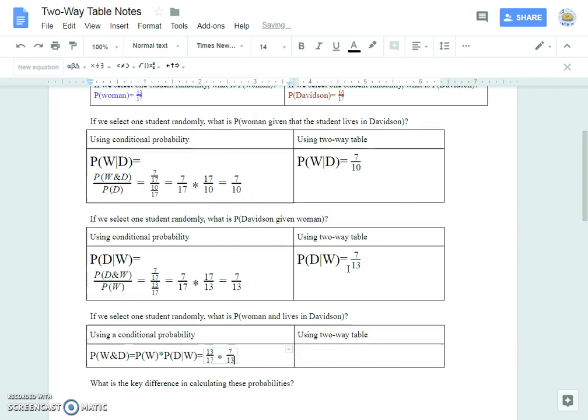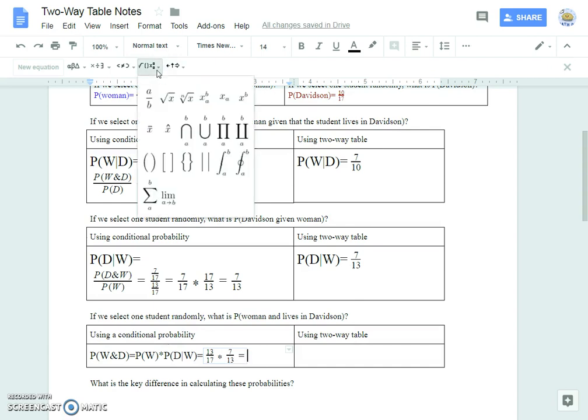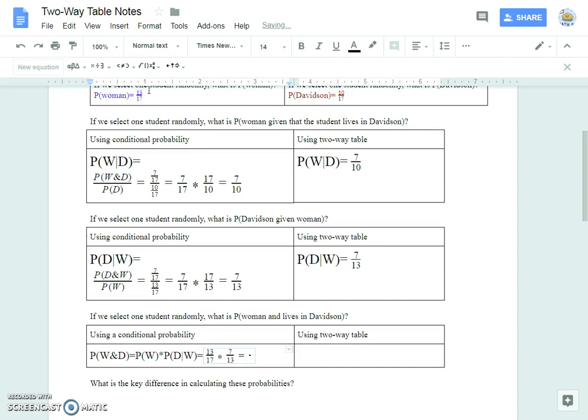When we multiply those together, we get 7 out of 17.